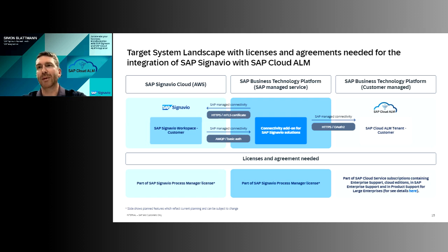With this, you can manage the life cycle in Cloud ALM by publishing new drafts and on the Signavio side, continue working on further revisions. Whenever you have a status you would like to sync, you can sync it over to Cloud ALM. And then, again, the decision needs to be taken to publish a revision to make it available in Cloud ALM.